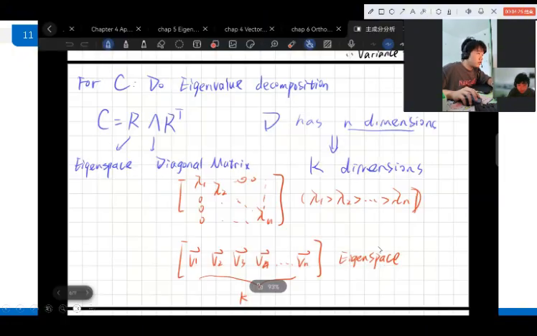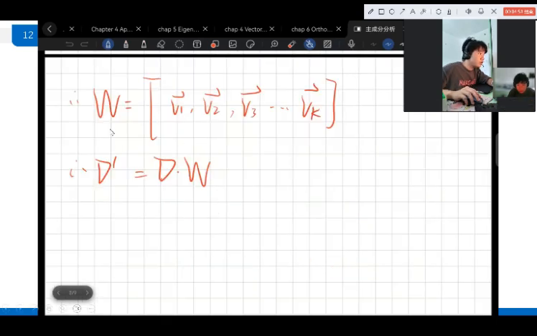So we do the eigenvalue decomposition to C. If D has n dimensions and we want to reduce to k dimensions, we just arrange the eigenvalues in descending order and take the first k vectors to form another matrix W, the projection matrix, and then multiply by D. Then we get D prime whose dimension is k.